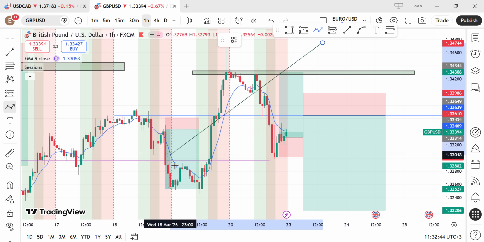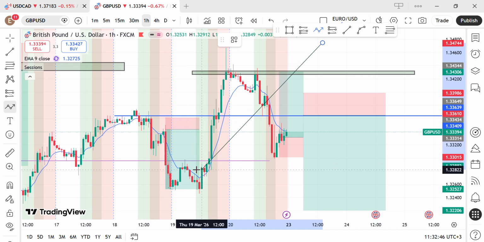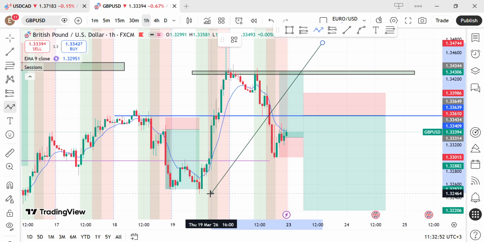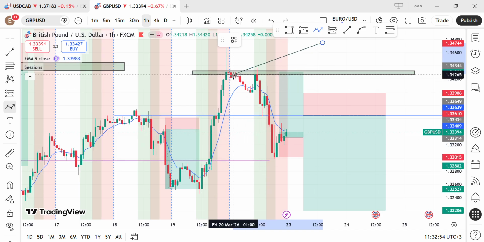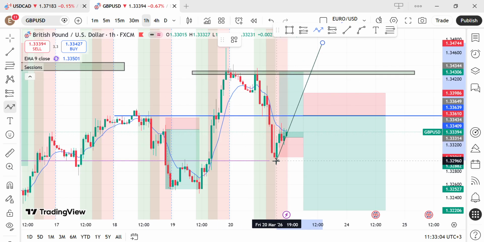As you can see, price sold, then lower high, higher high, equal lower high, then bought. Then it refused to break this high. Lower high or equal high, lower high, dropped.